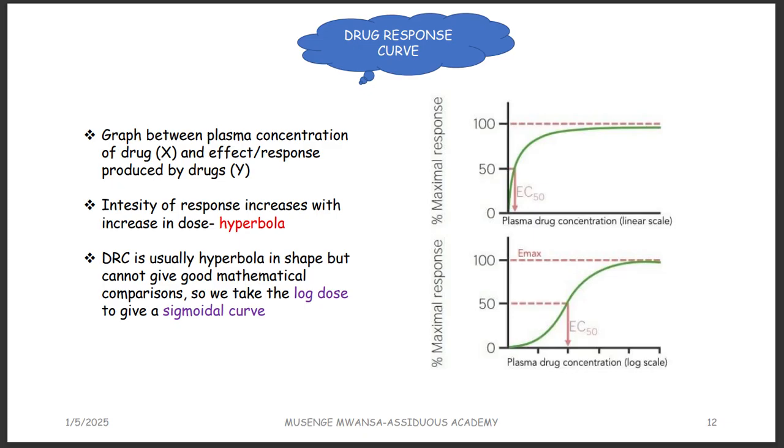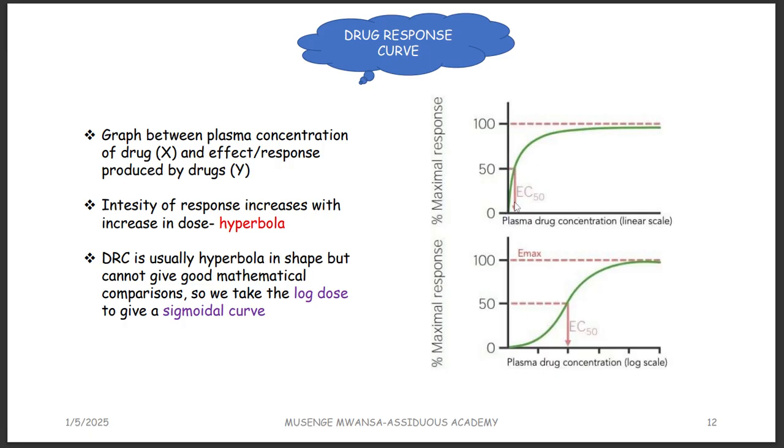If I give a drug, that drug that I've given, let's say the x-axis is representing the concentration, and then on the y-axis that is the response. Can you see that if I've not given any drug, I don't have any response? If I give a small concentration of drug, I've got small response.